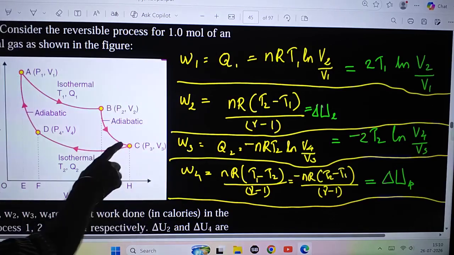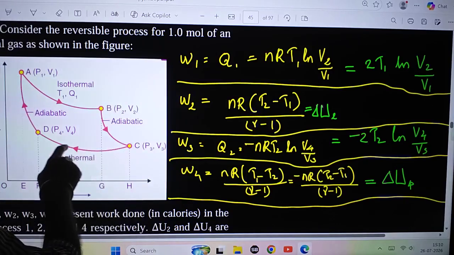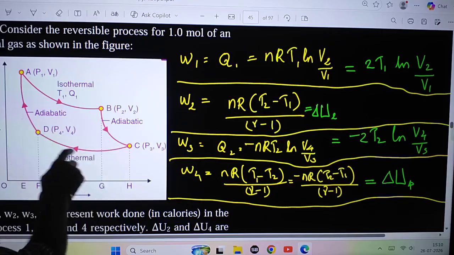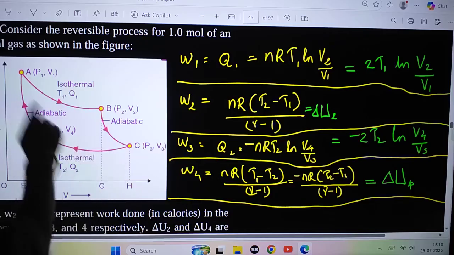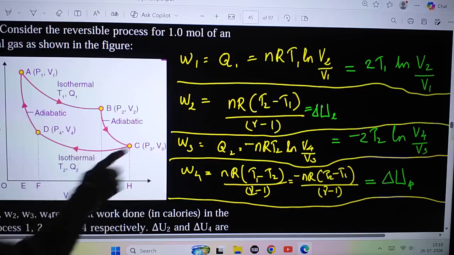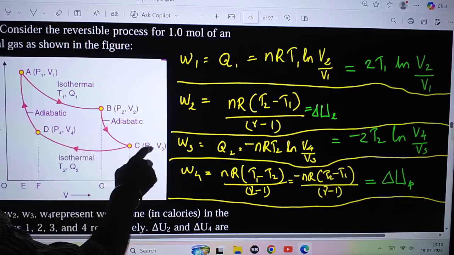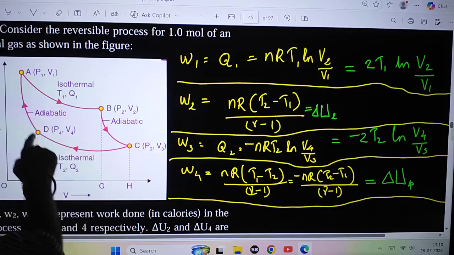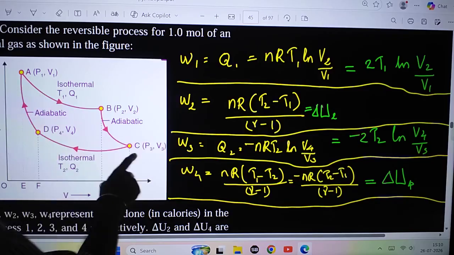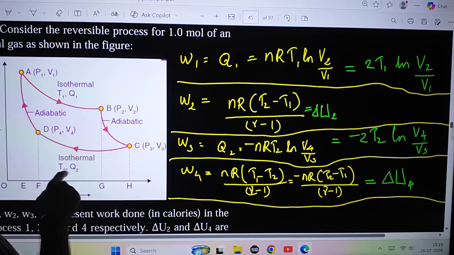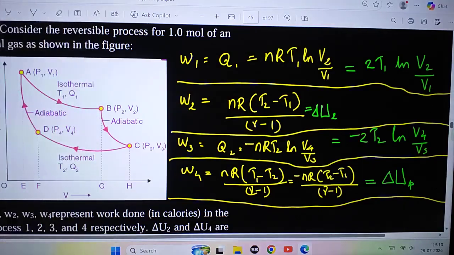From there, it again undergoes isothermal reversible compression so that volume decreases, pressure increases along this. The T2 attained here is retained throughout the isothermal compression process, and during isothermal compression, heat will be released because heat is generated due to compression, which is released because it has to happen isothermally, that is at constant temperature.